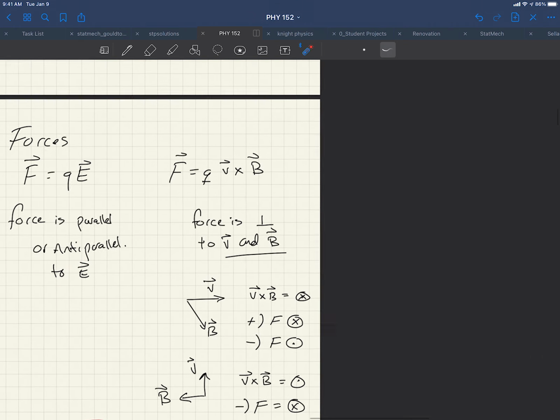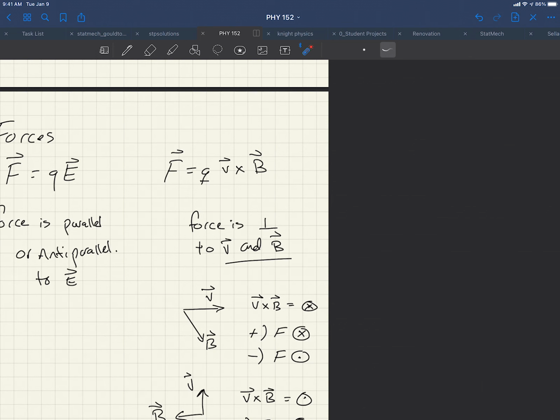But things are a bit different, a little bit more complicated now in the magnetic field case. In this case, because of this weird new operation, which we call a cross product, which we did see with torque just a little bit at the end of Physics 150, the force is always going to be perpendicular to the velocity and to the magnetic field. So what does that mean? Well, if I have velocity this way and a magnetic field this way, then my force has to be perpendicular to both of those. So the only possible way I can do that is to either have a vector coming out of the page or a vector going into the page.